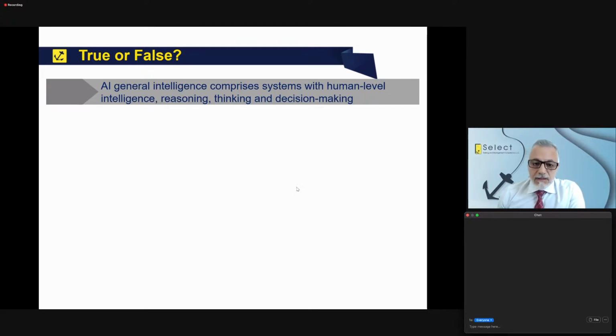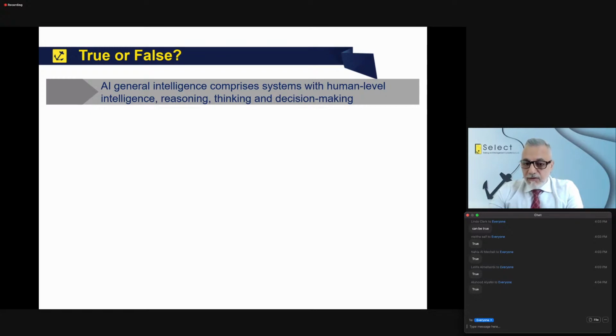Because artificial intelligence is related to how we can be decision makers. Do you mean using artificial intelligence will help us to make better decisions? Yes, and we need to have critical thinkers more than we need smart or genius people. Yeah, correct. So you said it's wrong. Yes, the answer is false.